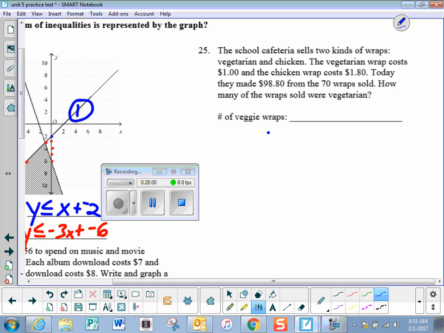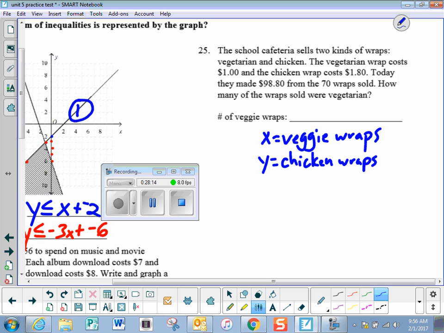So if x equals the number of veggie wraps and y equals the number of chicken wraps, then I just go $1 for every veggie wrap plus $1.80 for every chicken wrap is $98.80. That's how much was spent on veggie and chicken wraps that day. How many veggie and chicken wraps all together?